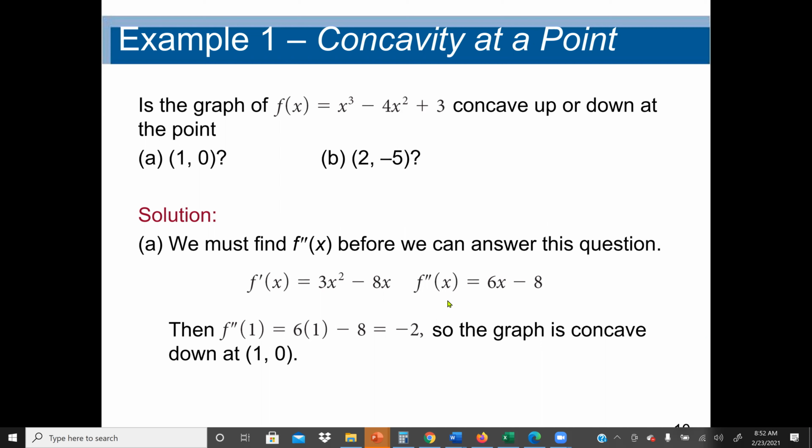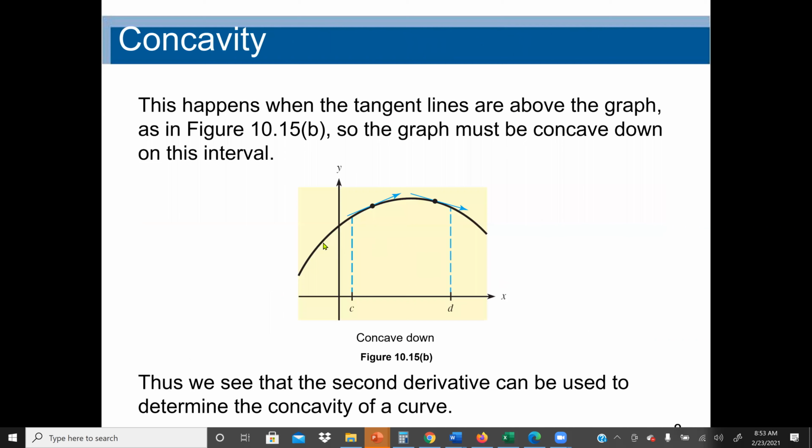So the question said a function is given to us. Always we know a function represents a graph. So the function given here, they say we should find where the function is concave up or down. As we said earlier in the theory, let me go back one. For example, this is our graph, the curve, and the line here is called a tangent.